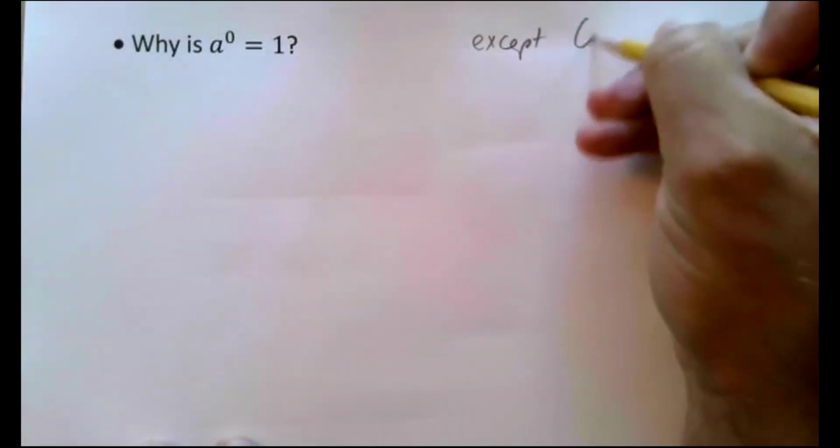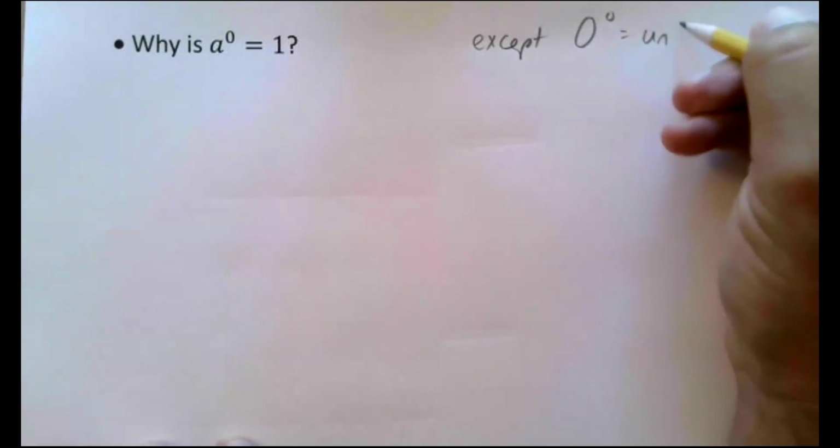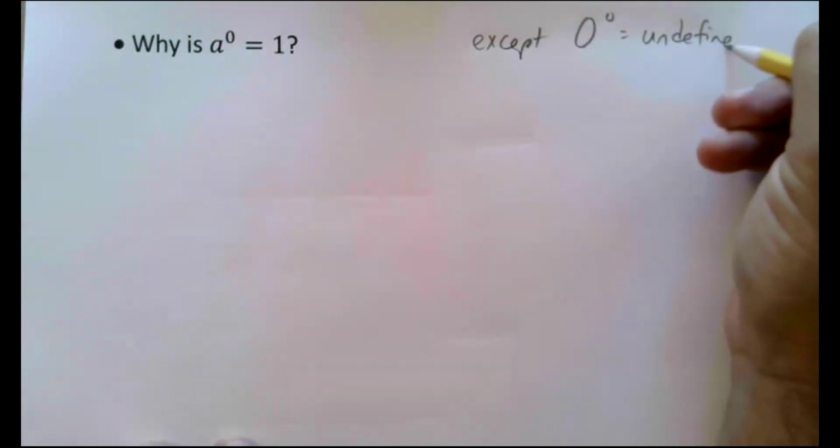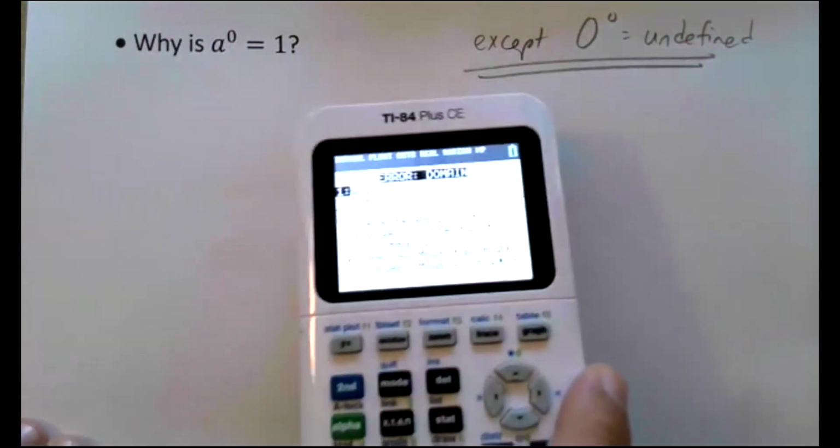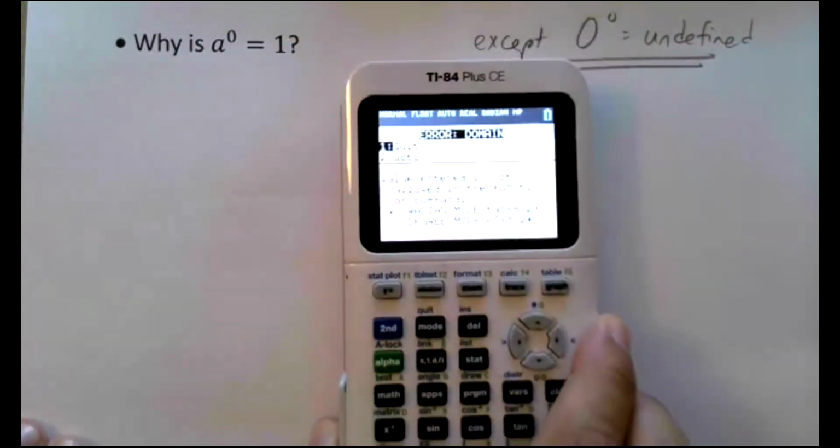except 0 to the 0. We consider that undefined. But anything else to the 0 is equal to 1. So if I put on my calculator, for example, 0 to the power of 0, I know it's hard to see, but it will say something like error.